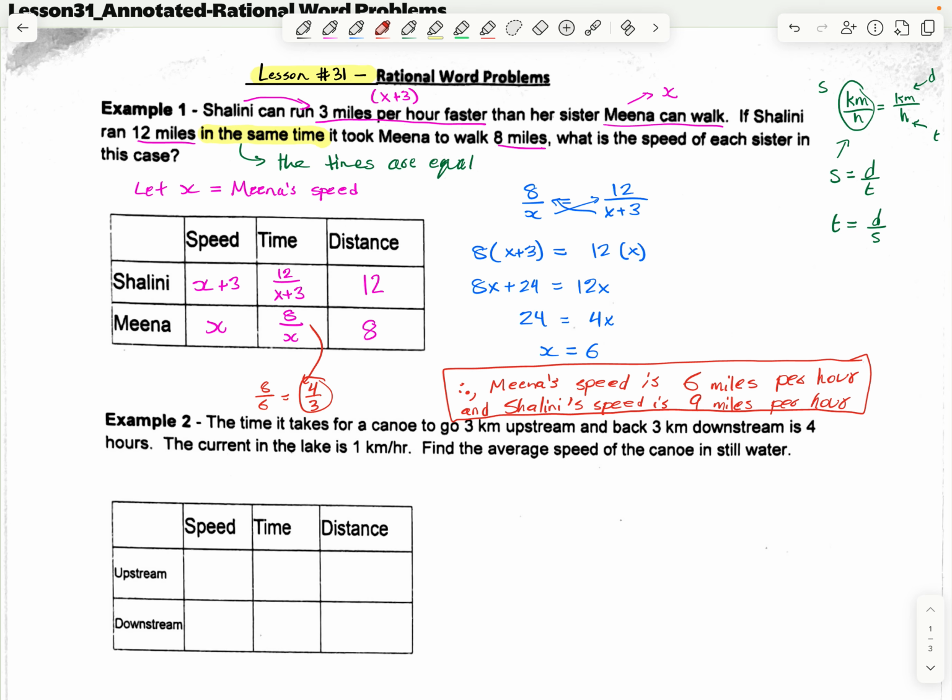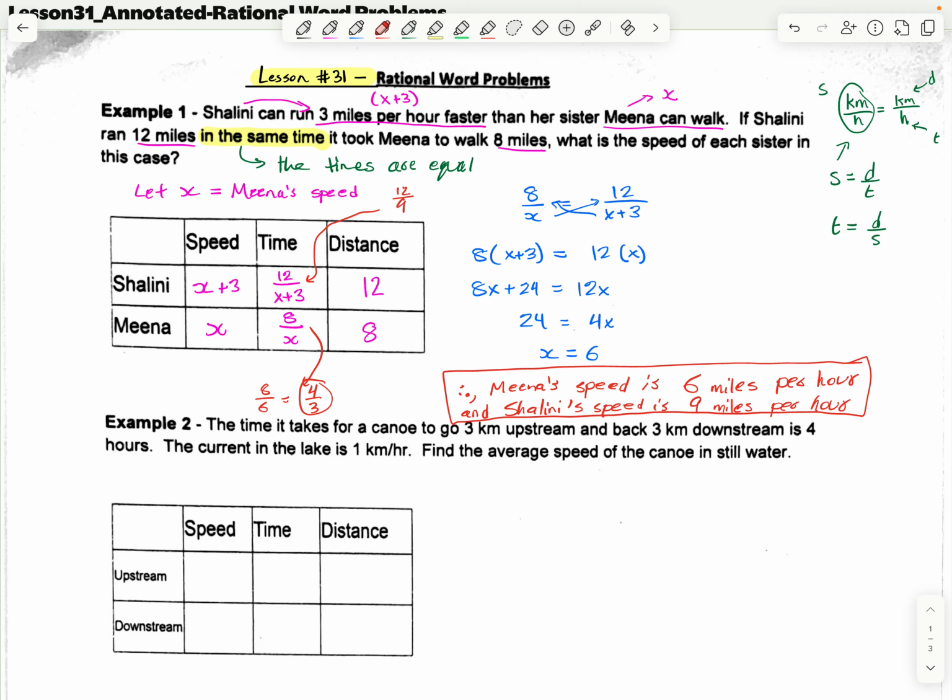That's her time in hours, how long it took for her to walk that distance at that speed. And then for Shalini, her time was 12 divided by x plus 3, which was 9. This also reduces to 4 over 3. So the times are the same, which does confirm it's perfect.